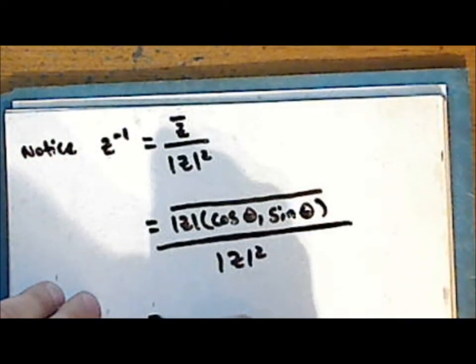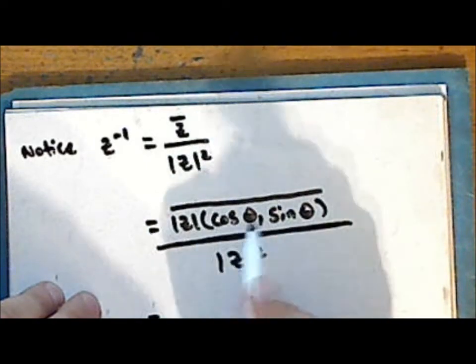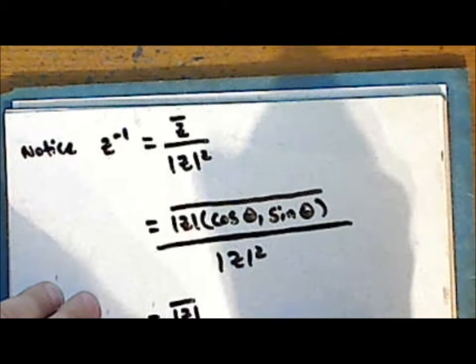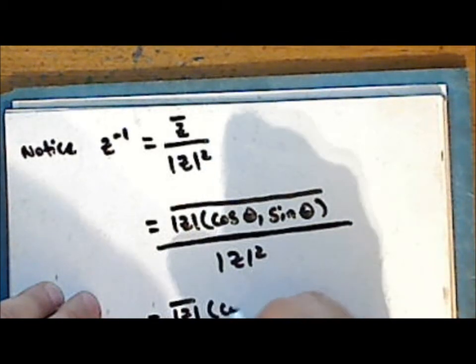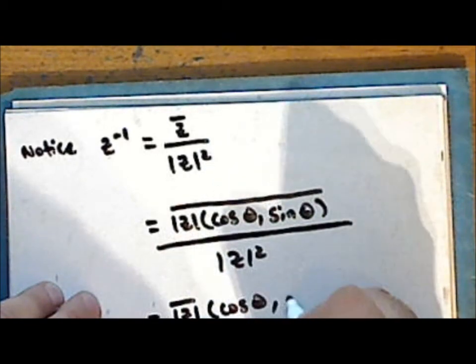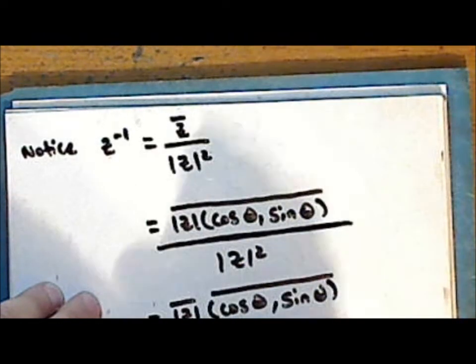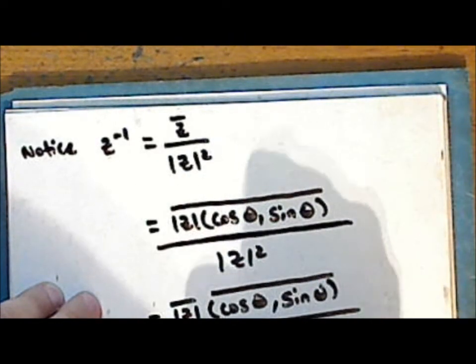The conjugate of a product is the product of the conjugates, so we have the conjugate of the modulus, and the conjugate of the ordered pair cosine theta, sine theta, all of which is divided by the square of the modulus.